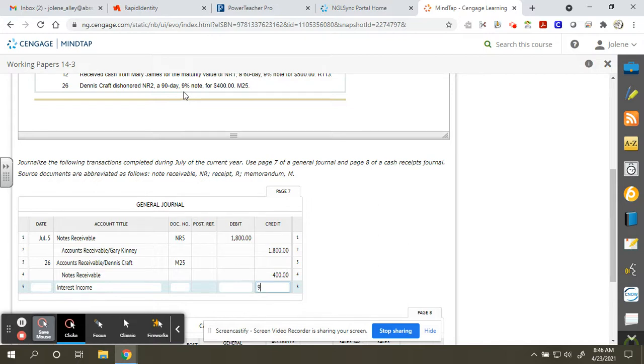And it's $9. So debits have to equal credits. What he stiffed us on really was $409.